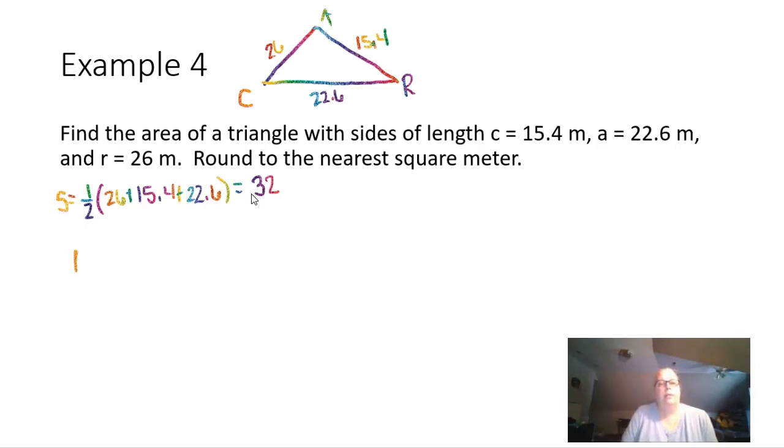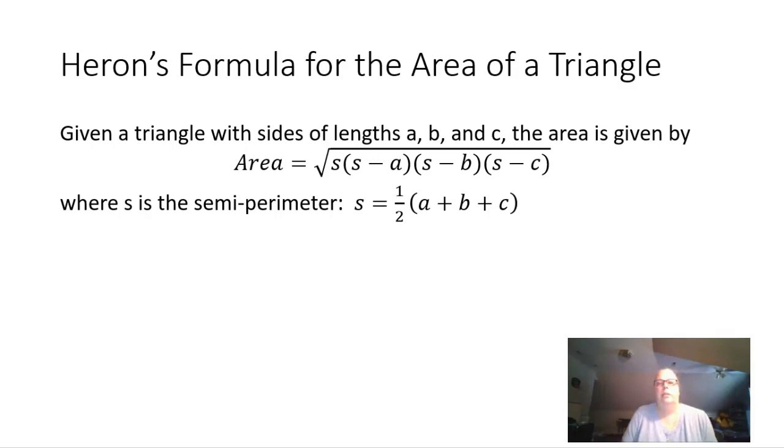Now we're ready to put it into the formula. The area is the square root of the semi-perimeter times the semi-perimeter minus each of the three sides.